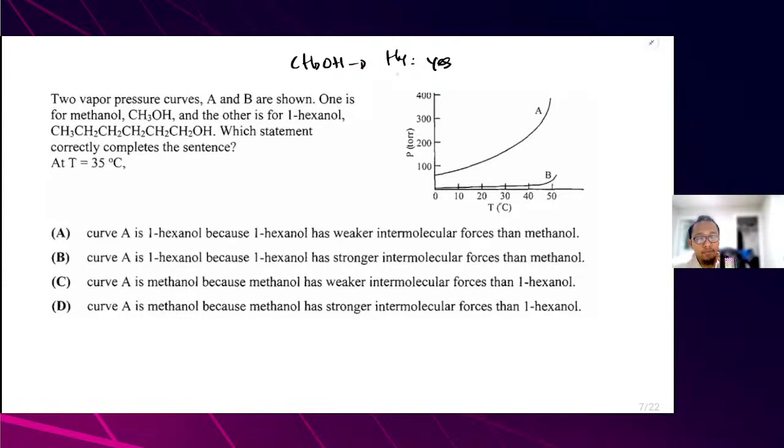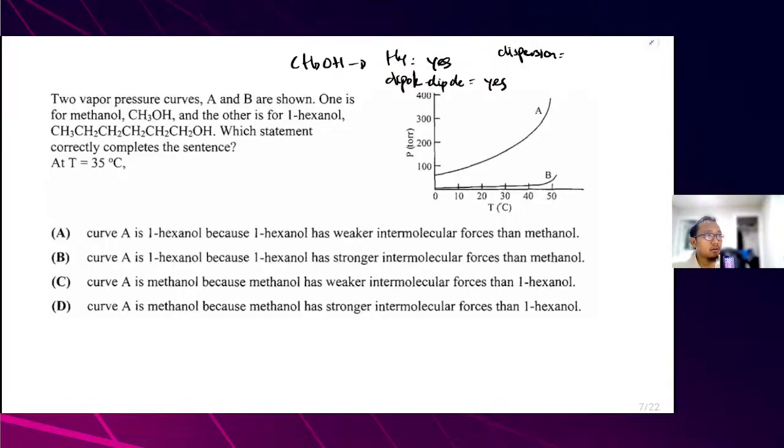Do they have a dipole moment? Like I mentioned, it has a different electronegativity, so yes. Do they have dispersion? Yes.